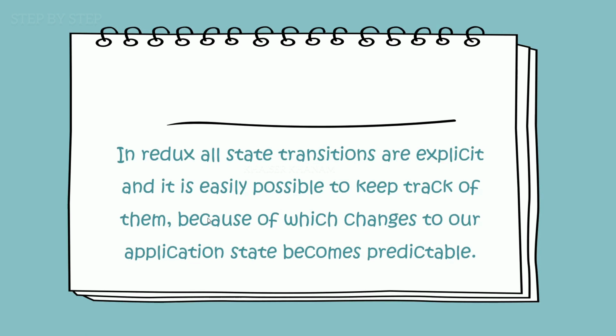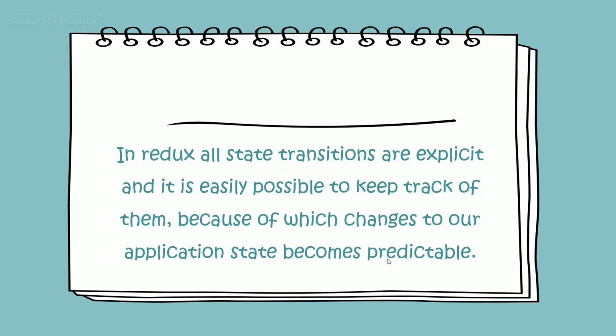As I told you, we can easily keep track of each and every status. Because we are able to keep track of those changes, this application state becomes predictable. We can easily predict the next status. So that is why our state, whatever changes we are doing inside that state container, those are predictable.